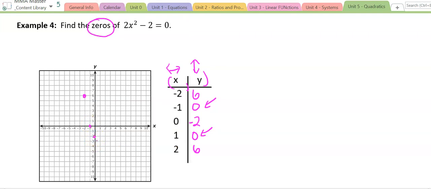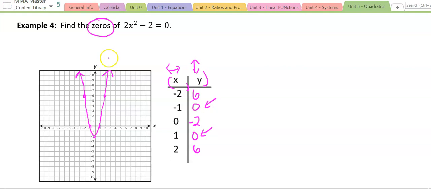Okay. 1, 0 right there, and then 2, 6. So what happens is when I see that I've hit my vertex and I'm going back up, then I realize I can just do a reflection point. This is the center. This one's 2 over, so this one would be 2 over. It's a reflection. Okay, and then remember, even though it's hard on ones like these, this is actually going to be a U shape as best you can. Okay, arrows at the top because it goes on forever.